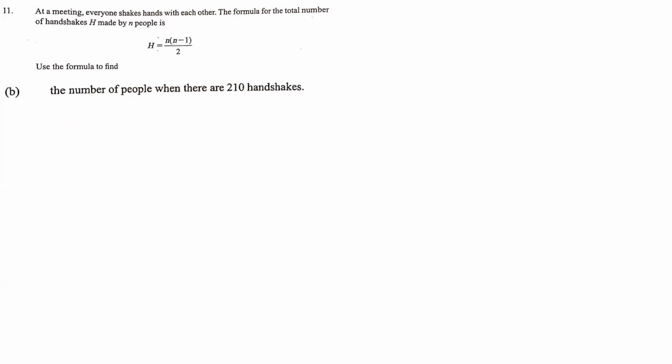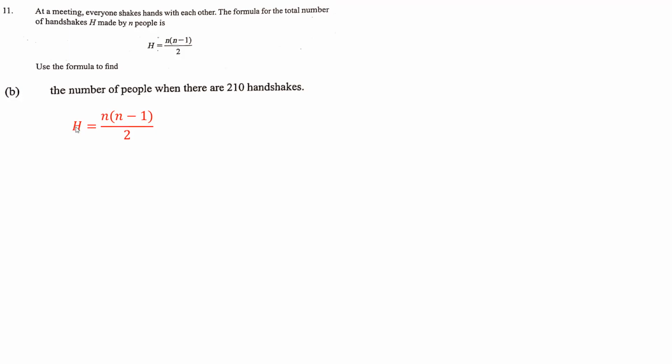So let's do it again. We have H is equal to n, open bracket, n minus 1, all over 2. And what they're basically saying is that in this case, you know that H is equal to 210. So you know that the total number of handshakes is 210.